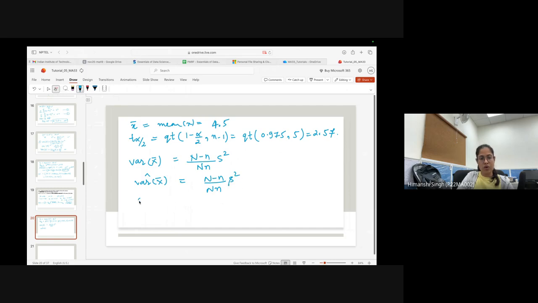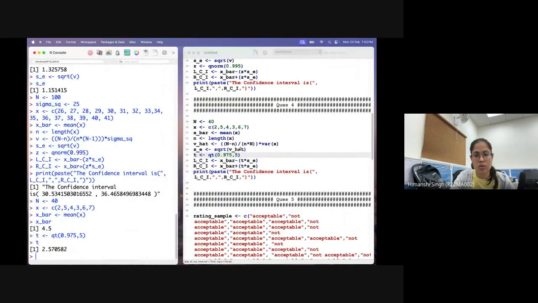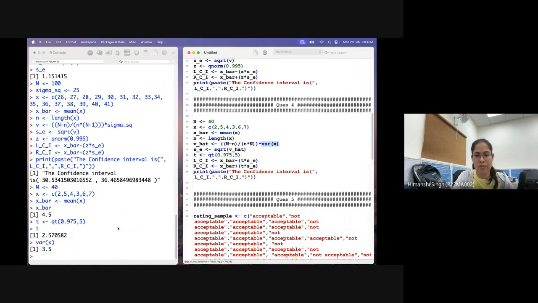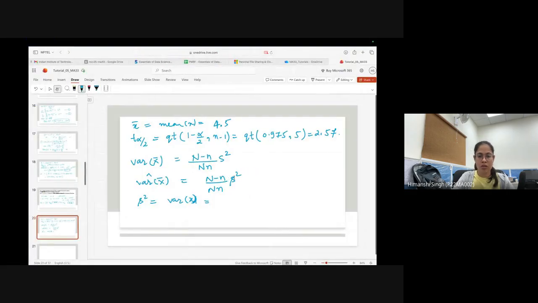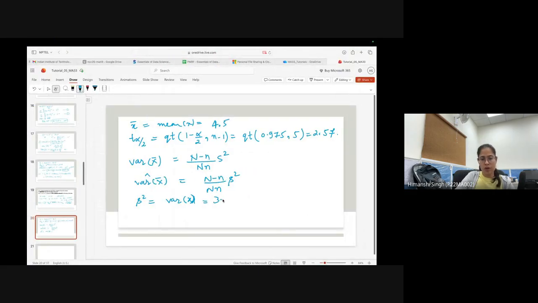Now small s square can be calculated using the command var of x. Let us first see what this s square is. Using R, var of x is 3.5.